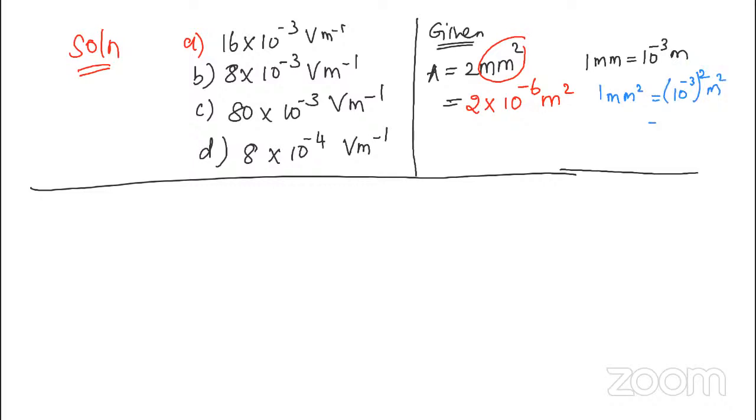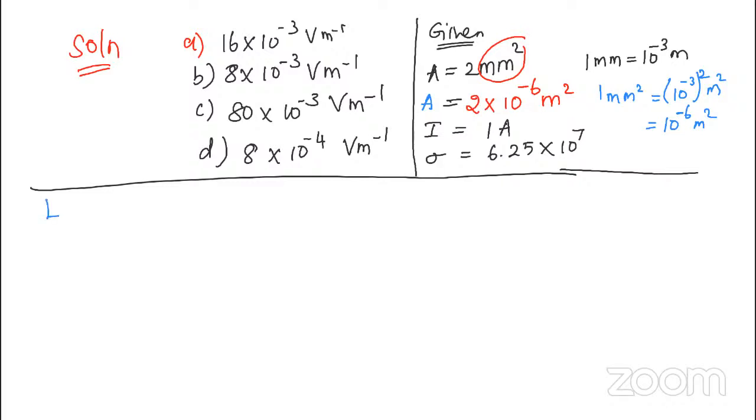So that is the value of A we have written here. Then I is equal to 1 ampere. Then sigma is equal to 6.25 into 10 power of 7.